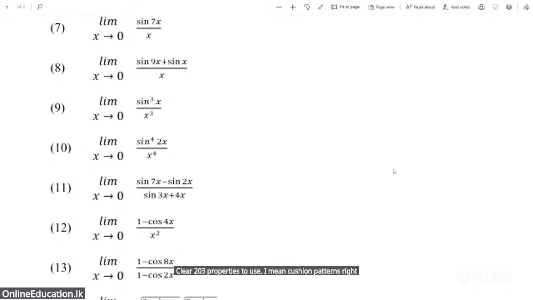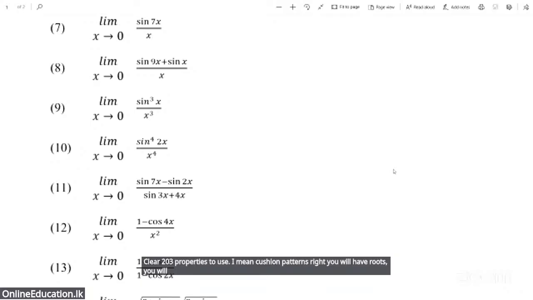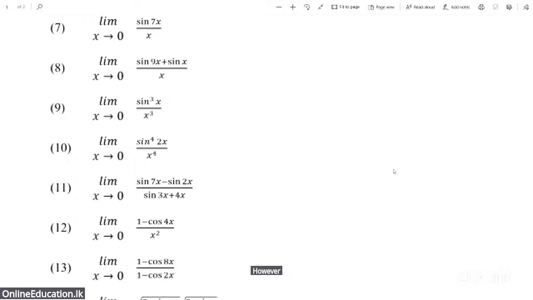You will have roots, common factors, the sin x over x rule. In the same question, you will have all these things. However, whatever you get, don't make it a mess. Simply solve them step by step in the way that I have guided.